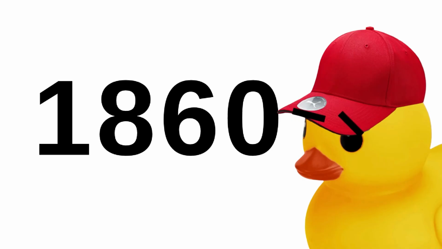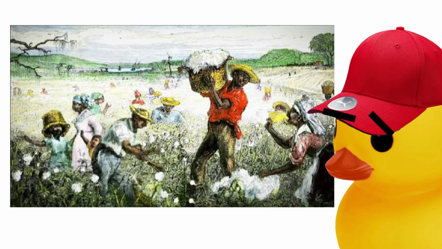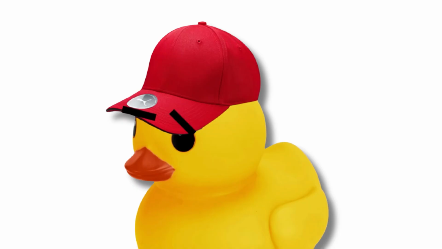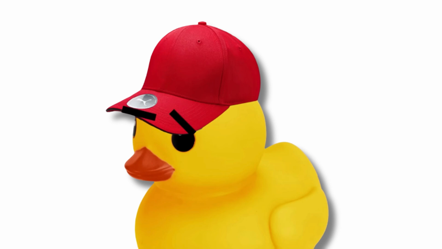By 1860, roughly 70% of enslaved people in the South worked on cotton plantations specifically, because demand for cotton kept outpacing supply. Rising demand pushed cotton prices up. The market for human beings and the market for cotton were the same market, moving together.